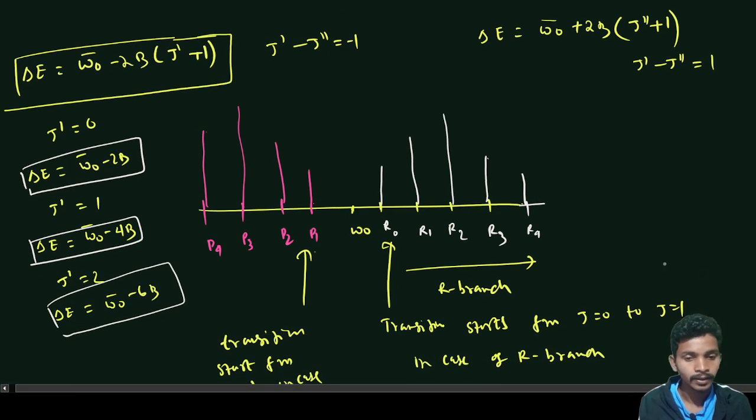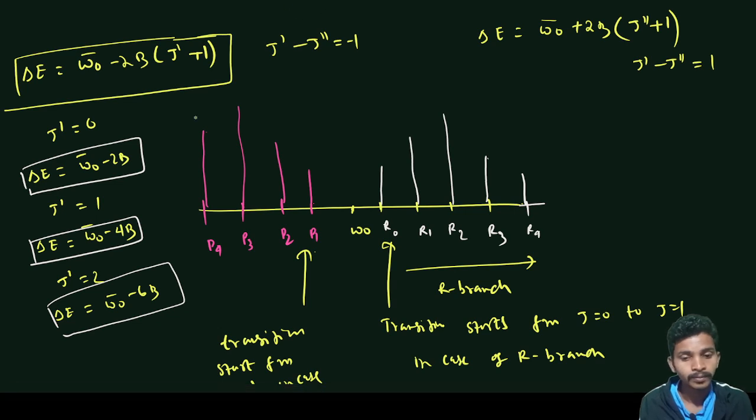Like that, and if J dash is 3, then 3, 1, 4, 4 to the 8b. If J dash equals 3, then delta E becomes omega naught, that is minus 8b.